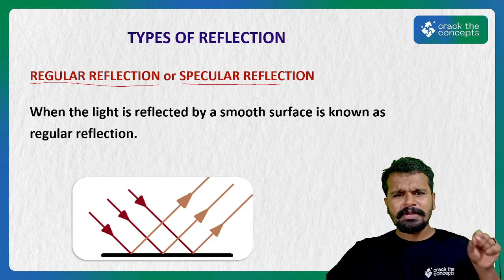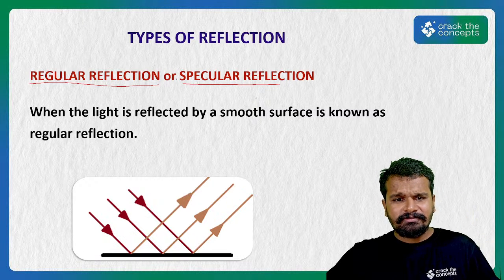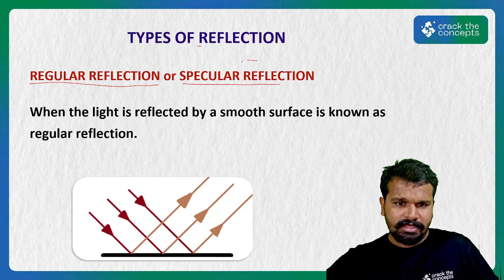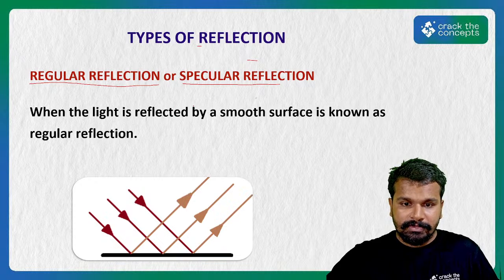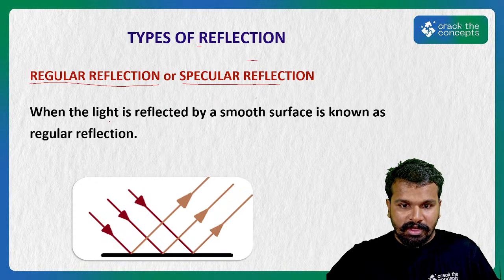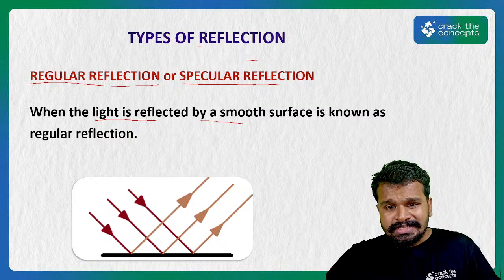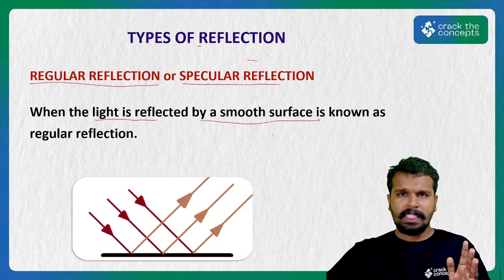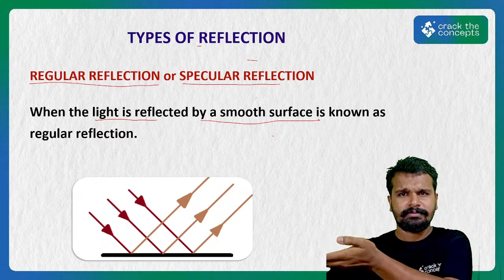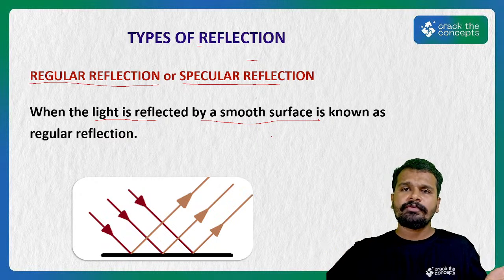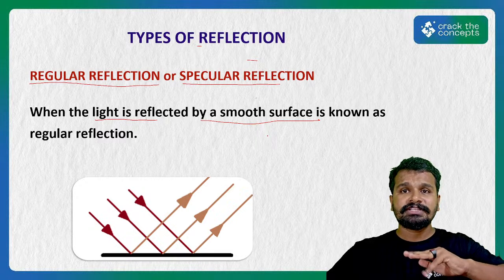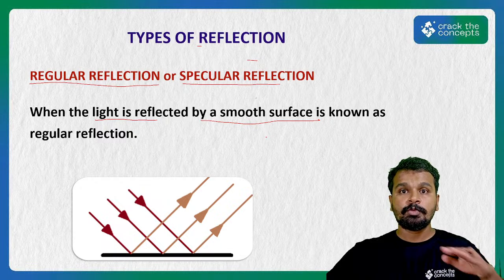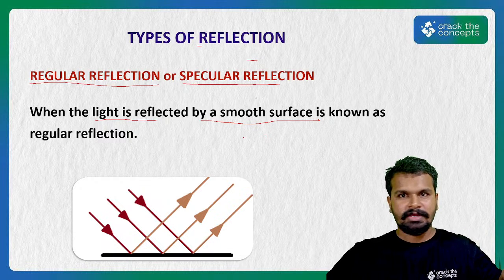So you have to keep in mind, when light gets reflected, if I am taking a plain mirror, or a smooth polished surface such as a stainless steel plate, or a floor mounted with smooth polished tiles.